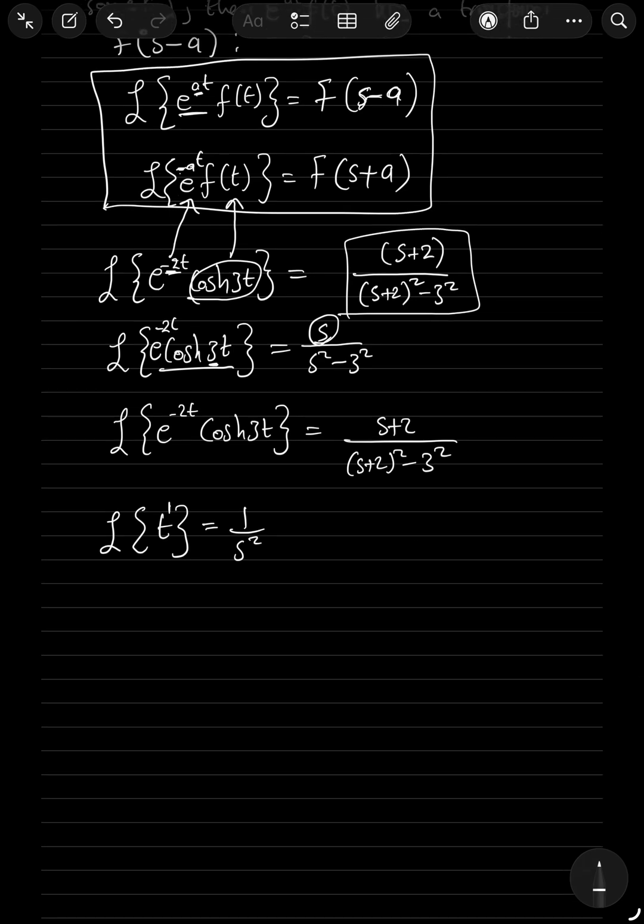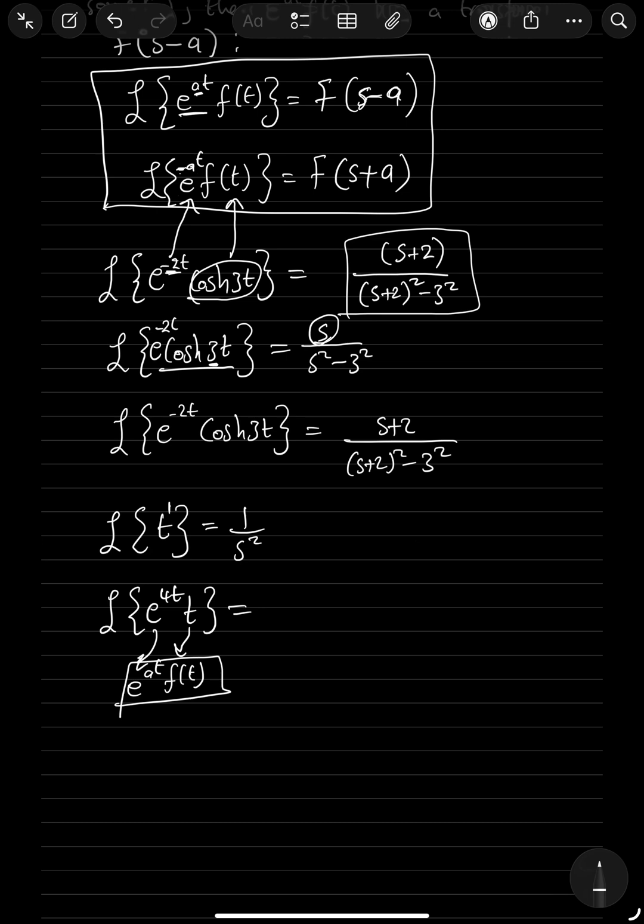Okay, so now let's say we wanna use the shift. If you are using the shifting theorem, you'll be given something maybe e to the power, let me just use another value, 4t, and then t. So find this Laplace. Here, this is my f of t, then this is going to be e to the at.